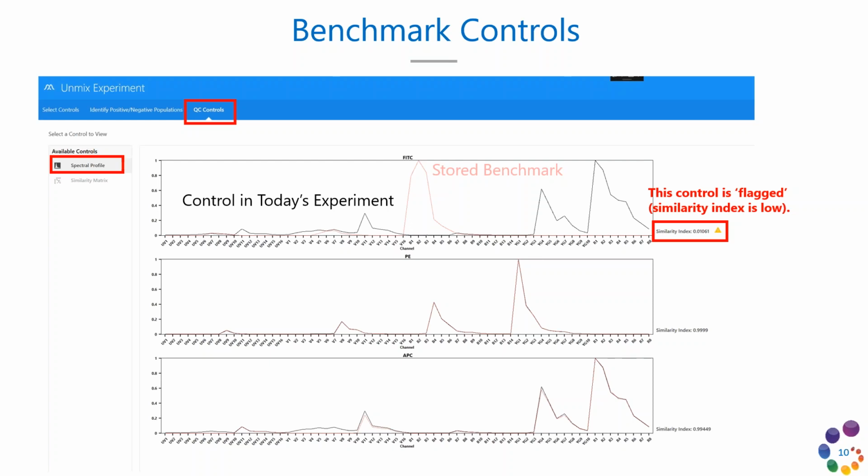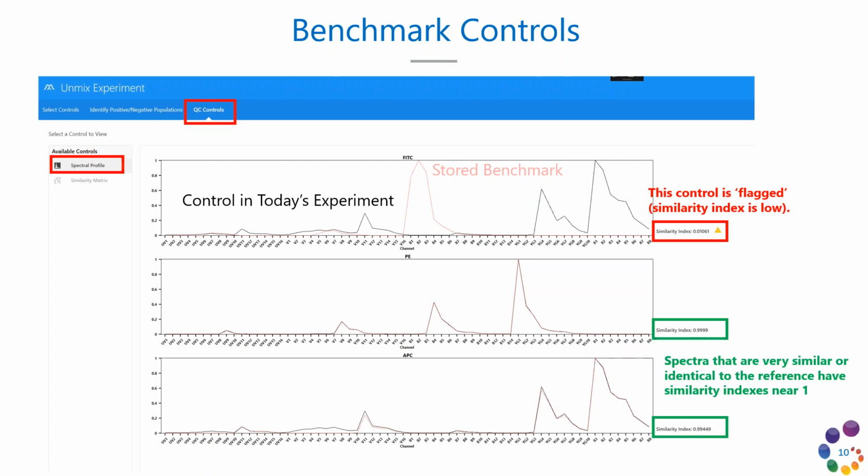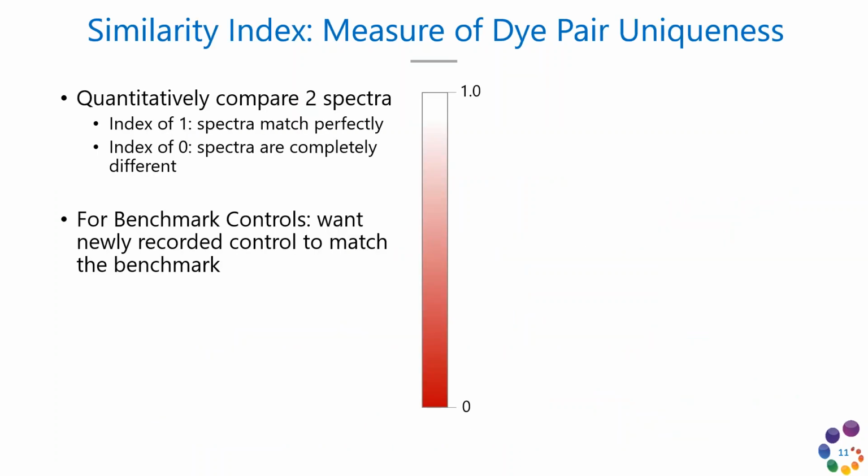However, if it's closer to 0, like this FITC control here, that means there is not a very good match. And in this case, the user ran the wrong dye for their FITC reference control, and they'd want to go back and recreate that tube and rerun it. For the PE and the APC here, however, the overlays match up really well with the benchmark, so the user did a great job of generating those controls.